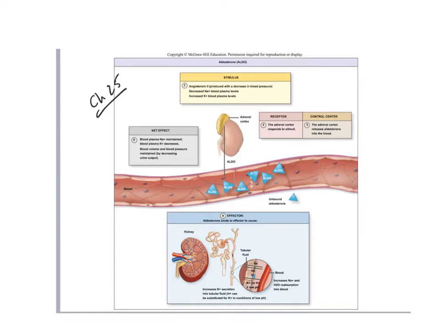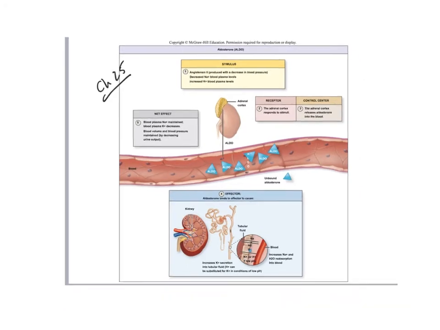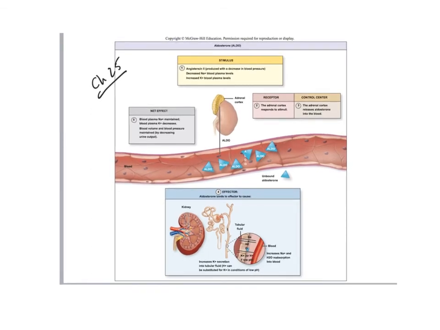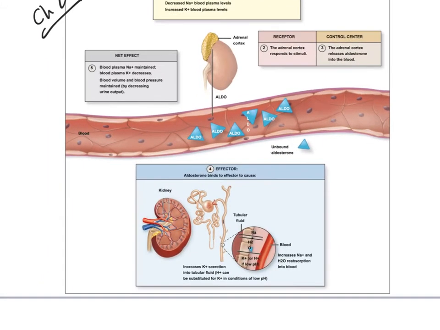What happens? It affects the kidney. The kidney is going to increase potassium secretion, that's dumping of potassium into the tubular fluid, but it increases sodium and water reabsorption into the blood. So aldosterone increases sodium reabsorption. And why do I include water with that?